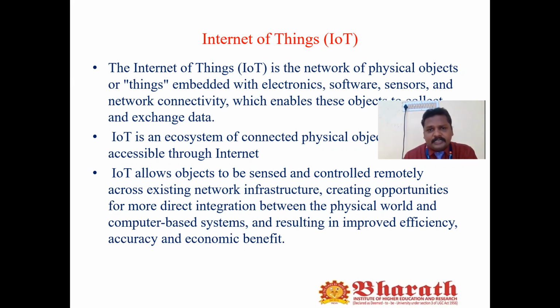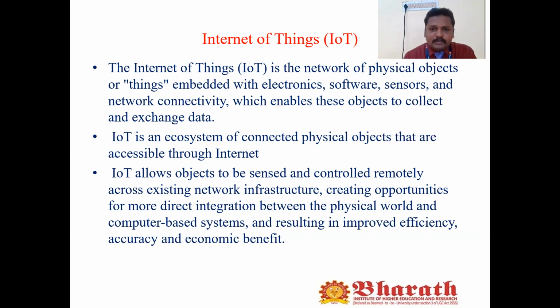You have to use different network connectivity like Wi-Fi or Bluetooth, which enables the objects to collect and exchange the data. So IoT is an ecosystem of connected physical objects, and these objects can be sensed and controlled remotely across the existing network infrastructures.